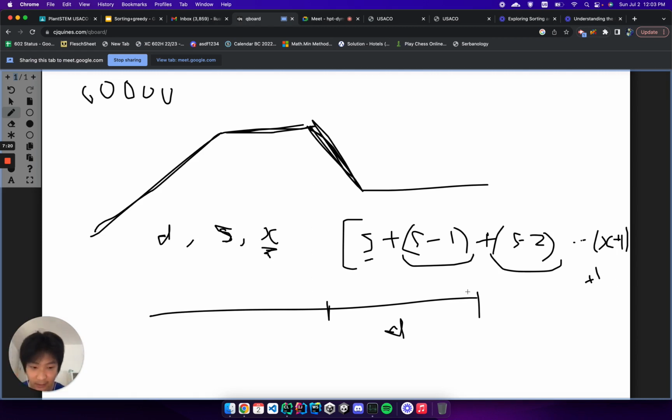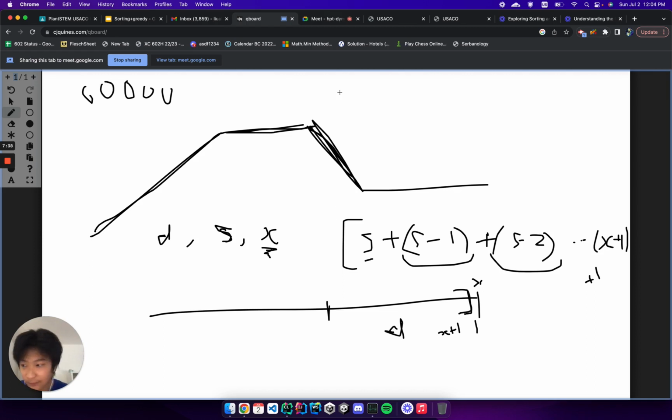So let's say there's only 1 meter left. You can get down to x plus 1 by the end of this, and then spend your last second getting down to x. So it's actually this. But yeah, basically what you said.